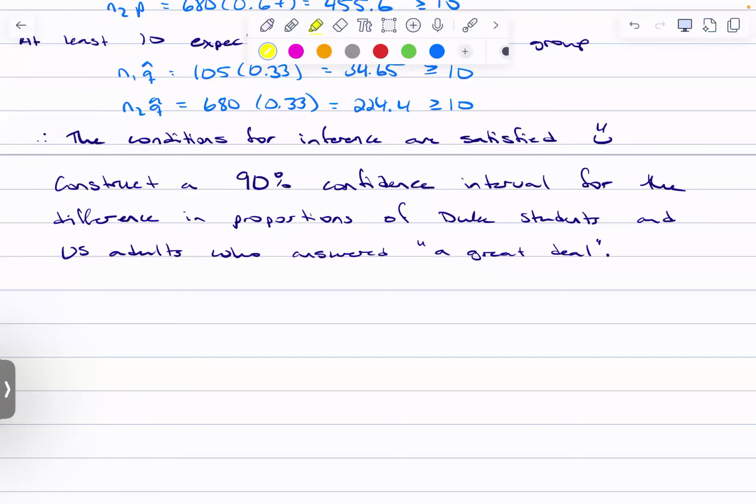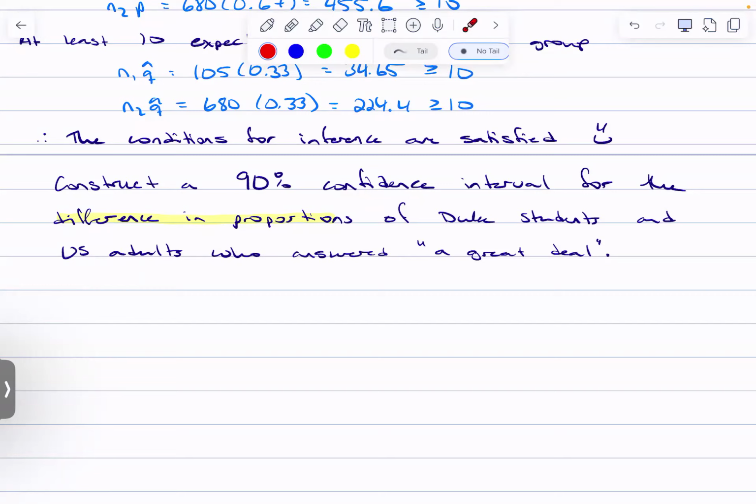We want to find a confidence interval, right? If I want a confidence interval, I have to ask you, hey, construct a blank % confidence interval for this thing, and that'll be your guide. And if I say something like, is there evidence that, something, something, then that's going to be a hypothesis test.